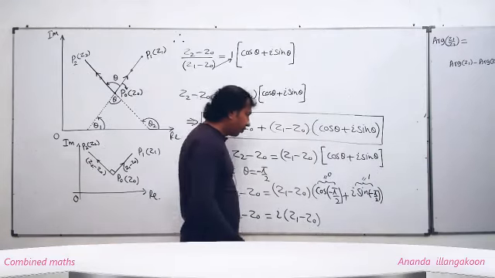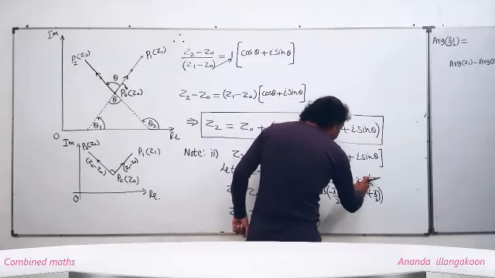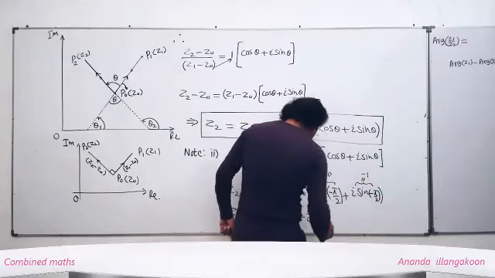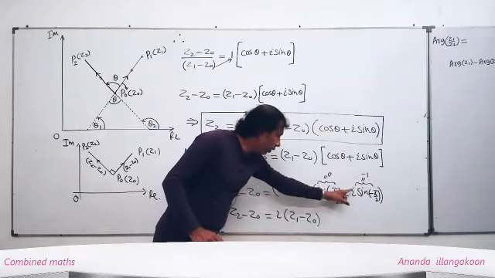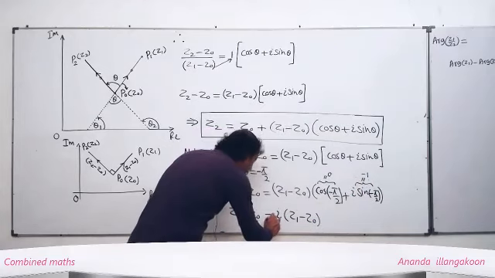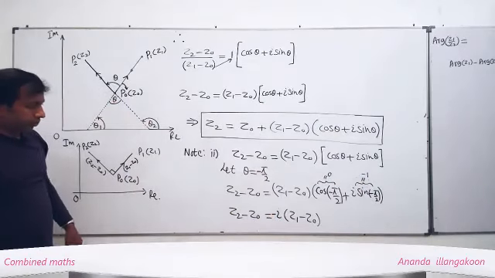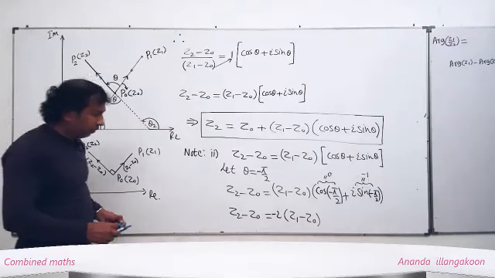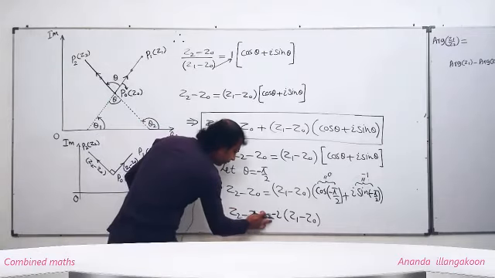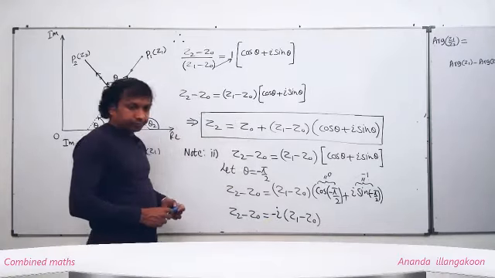People, sine minus pi by 2 is minus 1, and cos minus pi by 2 is 0. Here minus i is coming, therefore this is minus i.